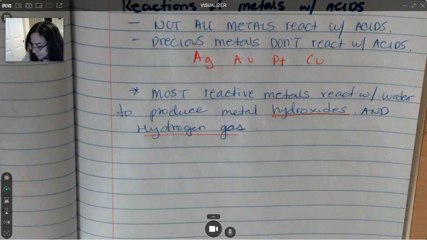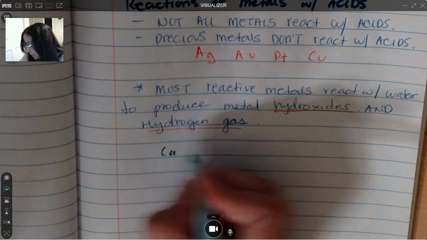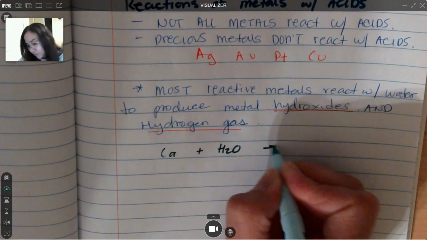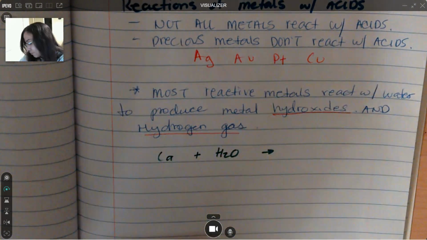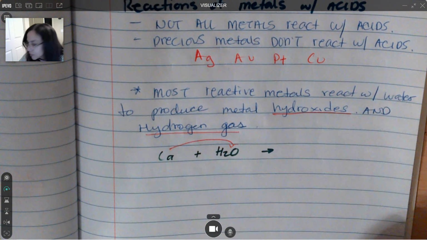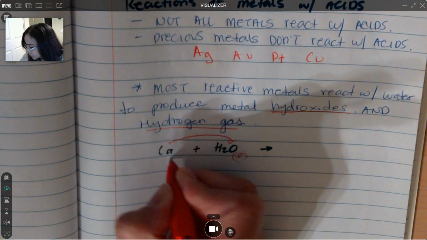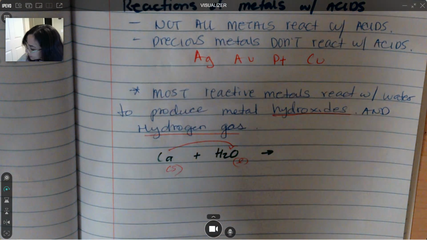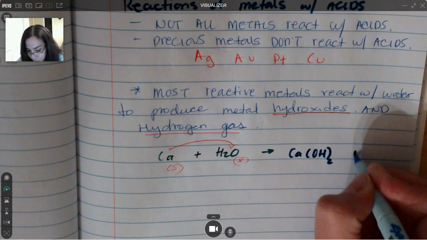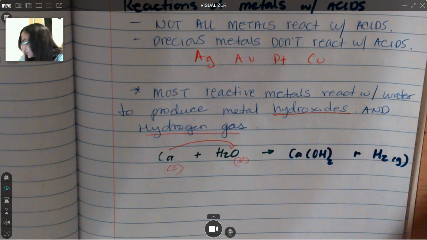Let's do an example of that. So we're going to have calcium plus our water. In this case, calcium is going to react with the ionized form of our water, and we'll get calcium hydroxide plus hydrogen gas.